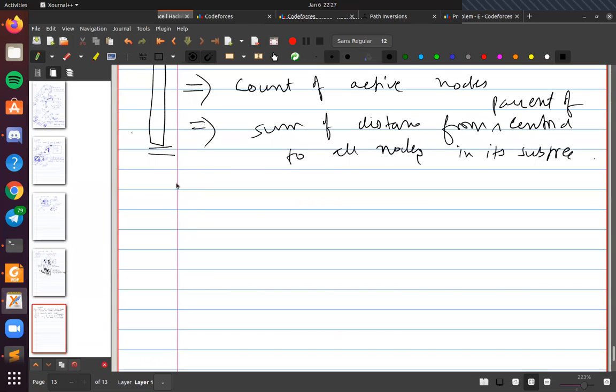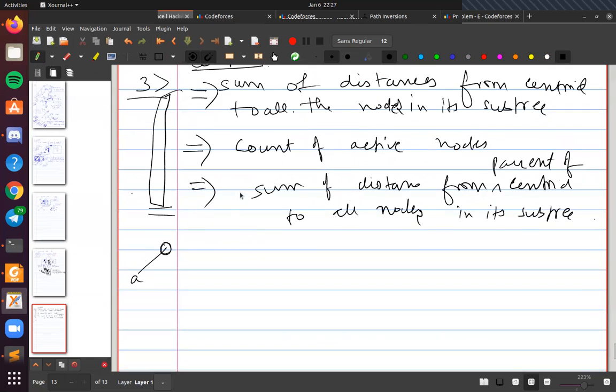Now for getting the sum for this node A, visit each vertex which is an ancestor of A and get this first thing. So I will name them.